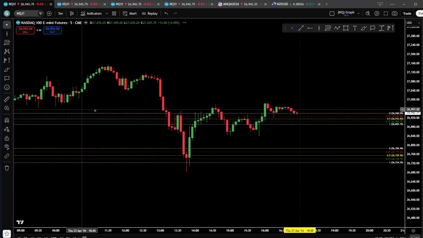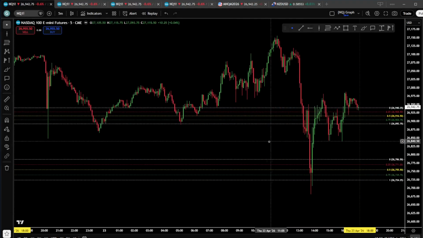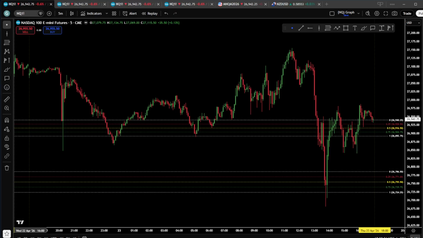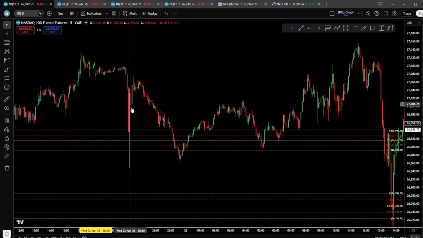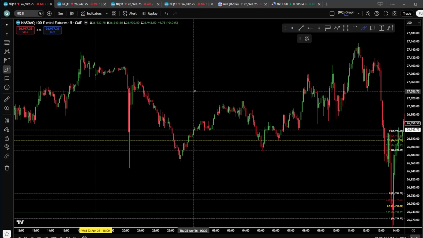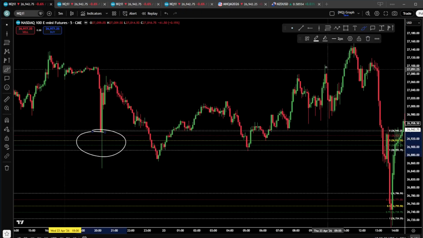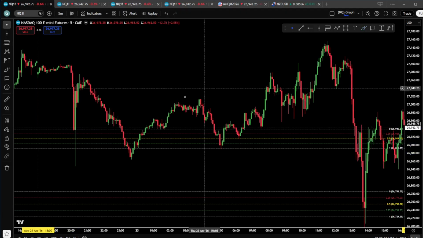So having seen that, let's go inside the 5-minute chart and let's look at the New York session. So at the open, large drop on some news, and price holds the fair value gap, right, 50% from the previous day.